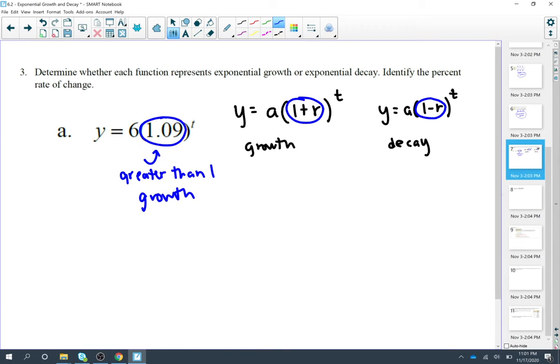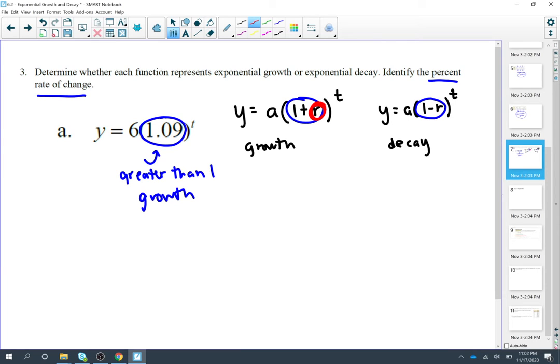So the question is, well, what's the percent rate of change? Well, a lot of us are going to look at that and go, oh, that's like 109%, or that's 1.09%. Yeah, that's not true at all. Because really, if I want the growth rate, I just want r.